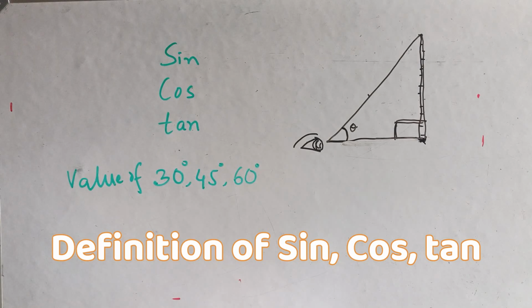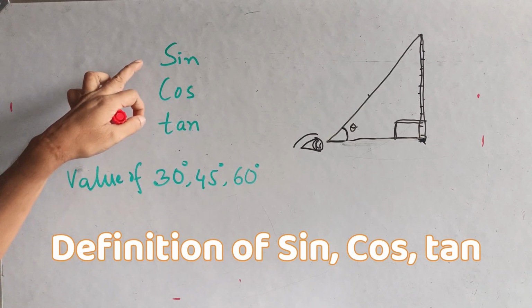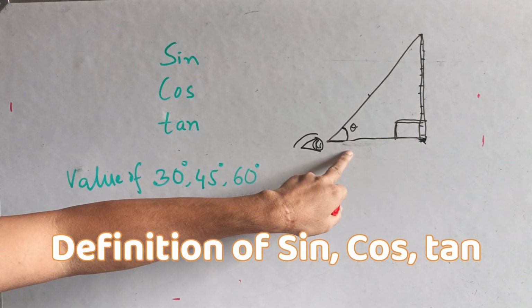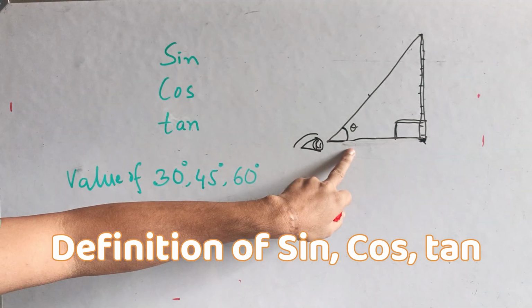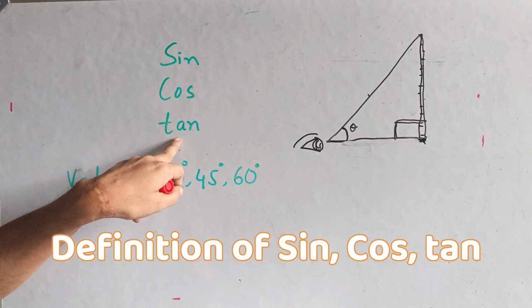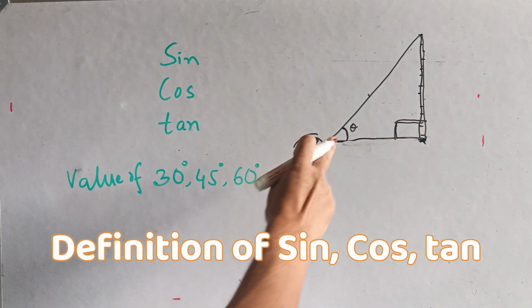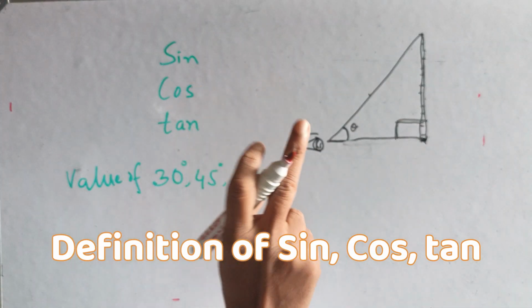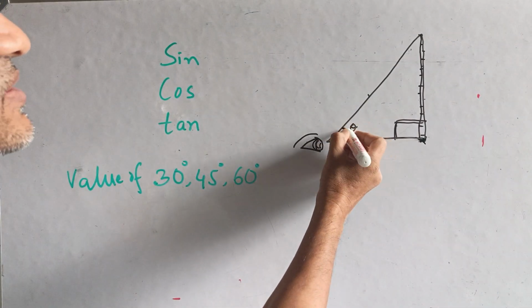So first let us come to the definition. This definition is very important. Sine, cos and tan indicate a ratio in a right angle triangle, or the Pythagoras triangle. Your observation point is very important. You are observing from here and this is angle theta.